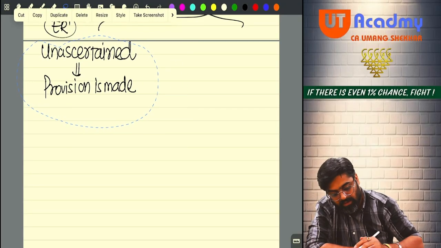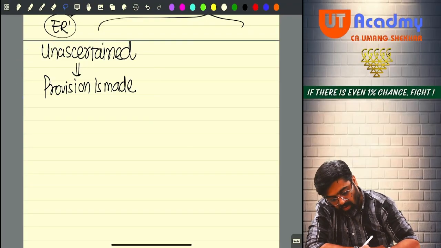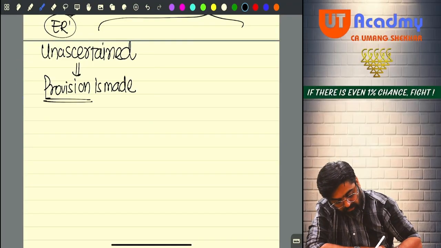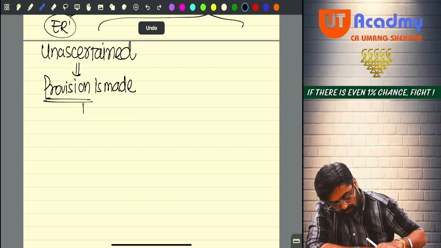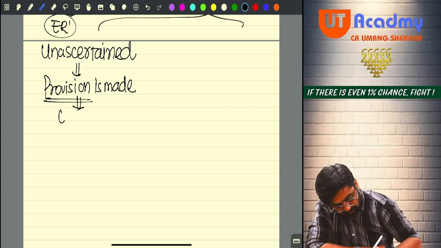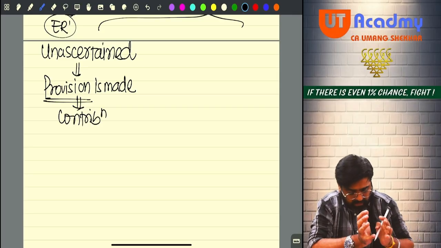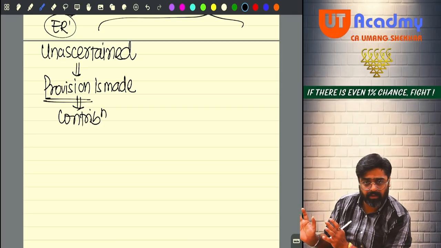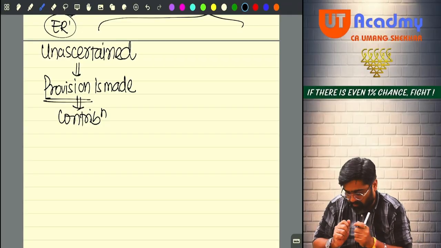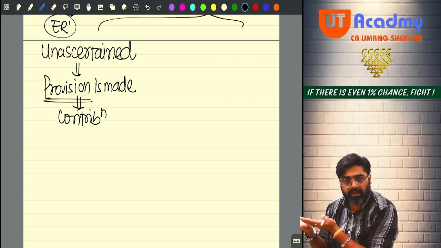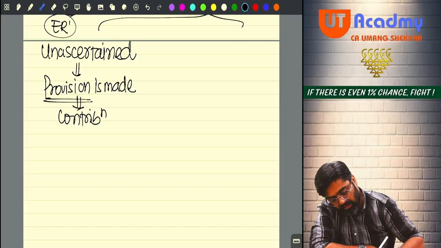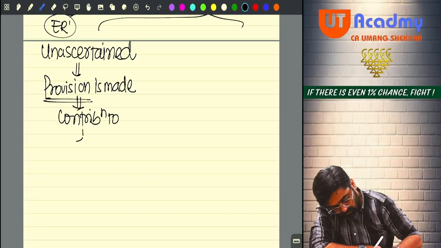In our language, we call the amount of this provision what? Contribution. From current year's profit, I am keeping some money aside, means I am contributing some amount. Yes or no? So that contribution is happening to which fund?